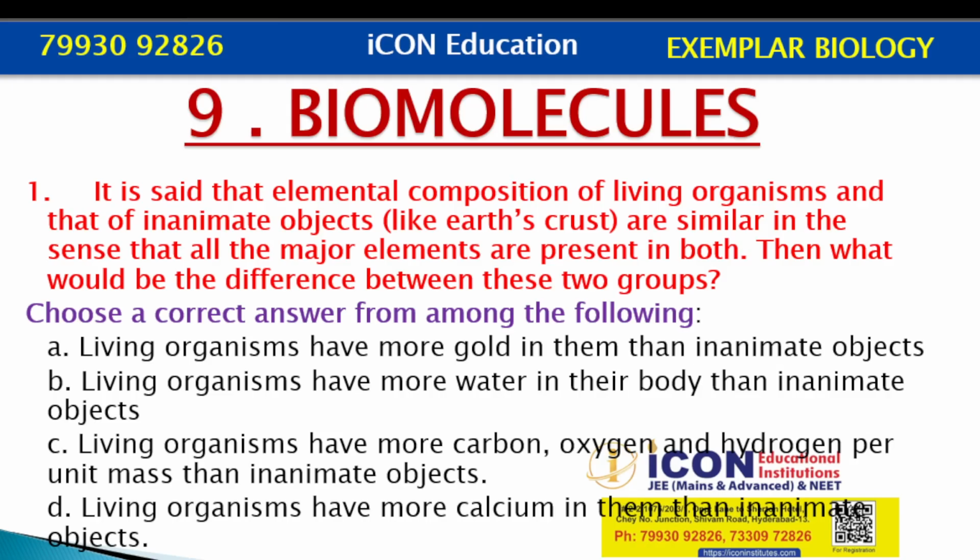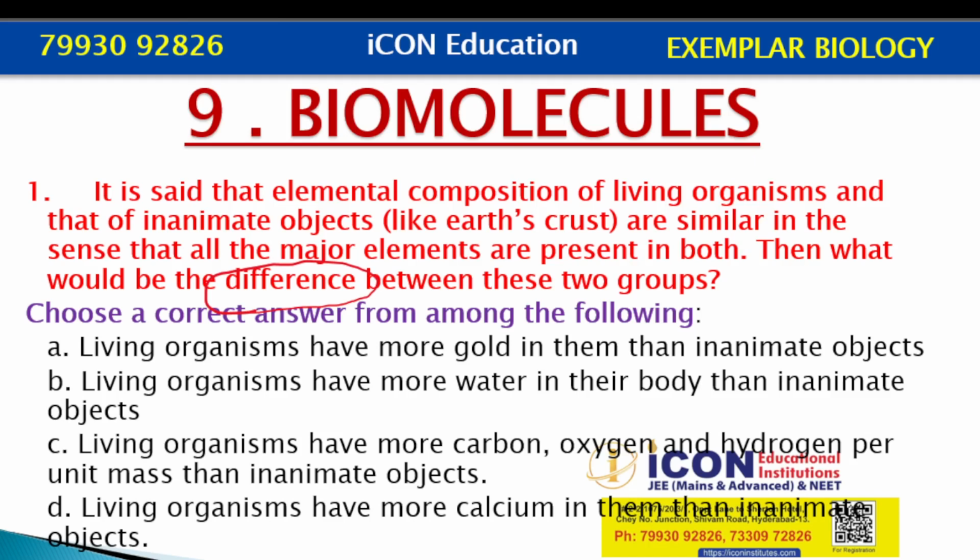So students, you need to find out what is the difference if all the elements present in the living body and earth crust are same, then what makes the difference? So if you look at option A, living organisms have more gold in them than inanimate object.